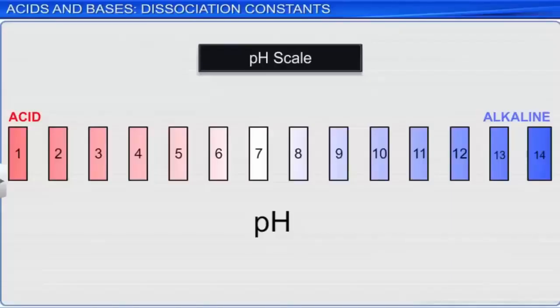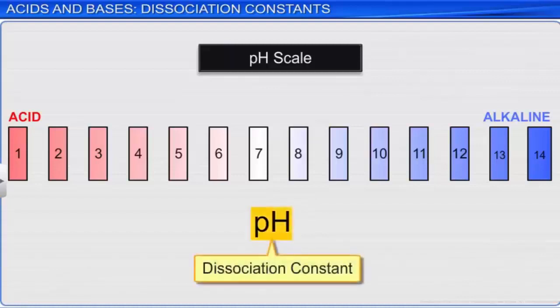The use of pH to indicate the strength of an acid or a base is limited, as its value changes with the change in the concentration. As a result, chemists looked for a better alternative and found the dissociation constant to be a better tool than the pH scale to express the strength of weak acids and bases.